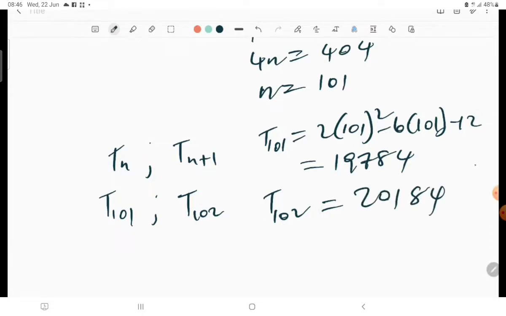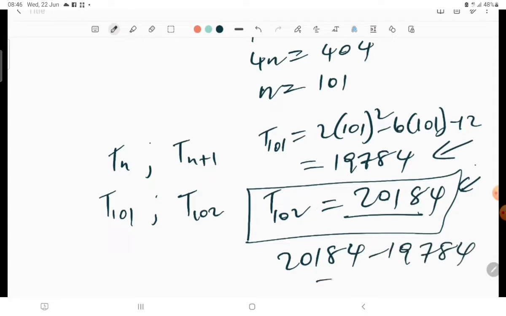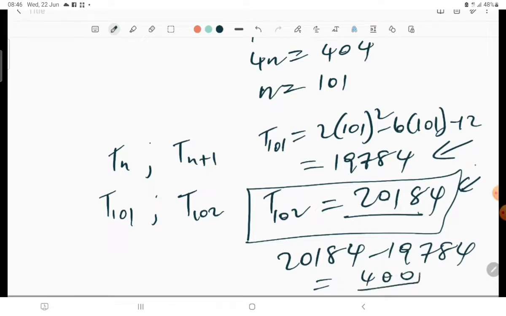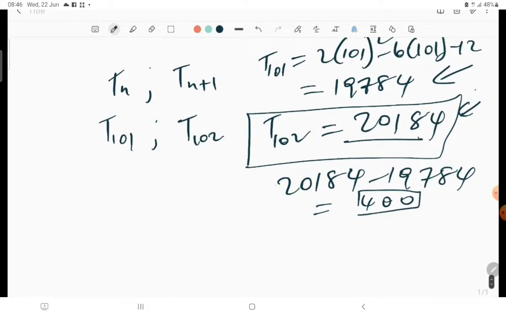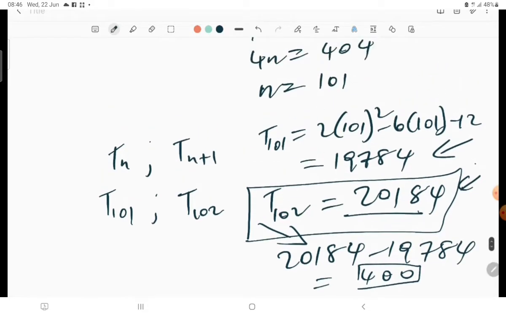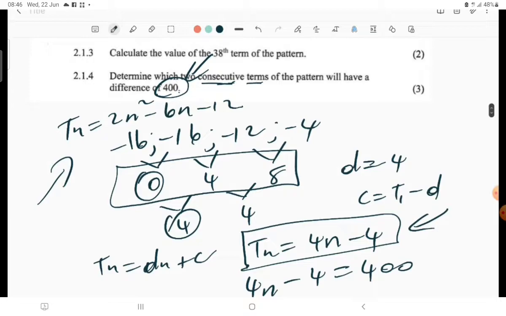I believe that when you subtract these terms, 2184 minus 19784, you are going to get 400, because this is the difference that must be obtained when you subtract these consecutive terms of the quadratic pattern. So this is one way of doing it when you are given that one. For 3 marks, I just wrote some more details about it.